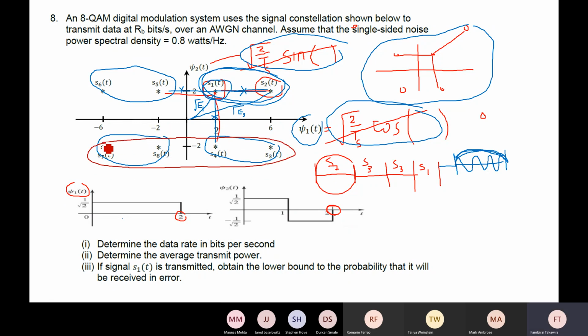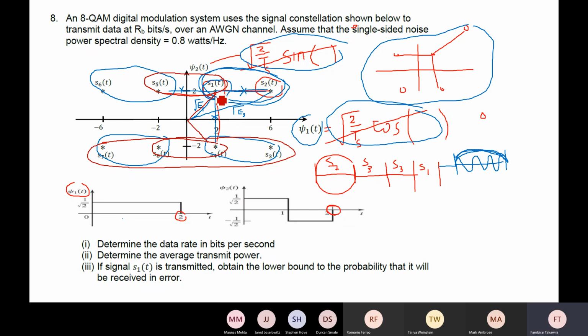These four signals differ only in amplitude. Well, no, let's take two actually. These two essentially only differ by virtue of the fact that this has a positive amplitude and this has a negative amplitude. But if we now compare these two and these two, they now have a difference in phase as well, in the sense that the phase of this and the phase of this is actually different.